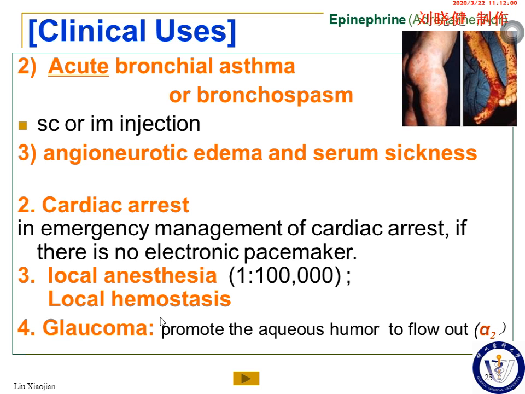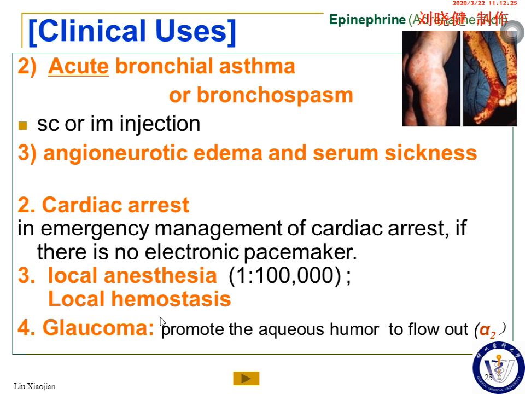Remember? The first drug you studied is pilocarpine. Its clinical use is glaucoma because it can also promote the aqueous humor to flow out from the eye globe. But the mechanisms are different.